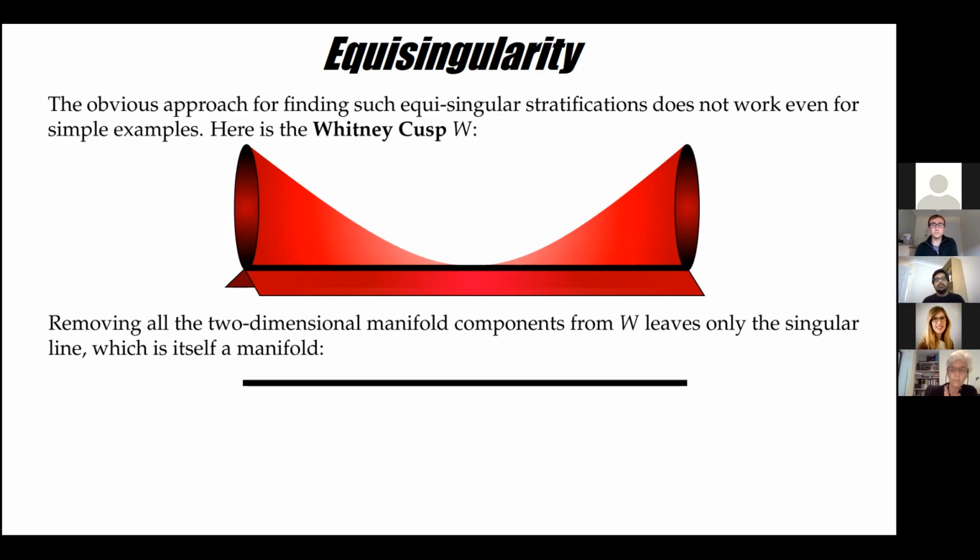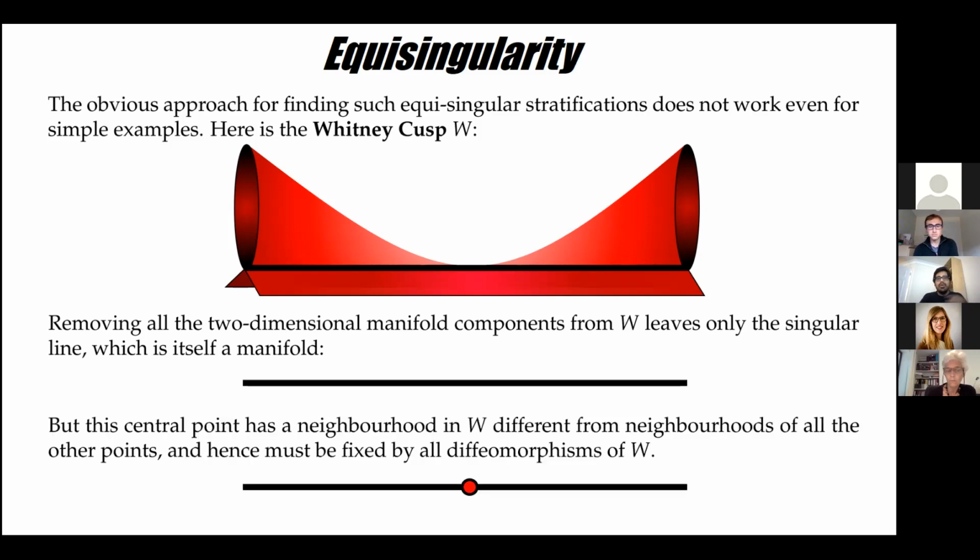There are three two-dimensional pieces: these half open planes sticking out from below the line, and then this double-sided horn. Those are the three two-dimensional pieces, and then this line is the one-dimensional piece. The trouble is that this point right in the middle, if you look at a tiny neighborhood of it, doesn't look like neighborhoods of any other point along that line.